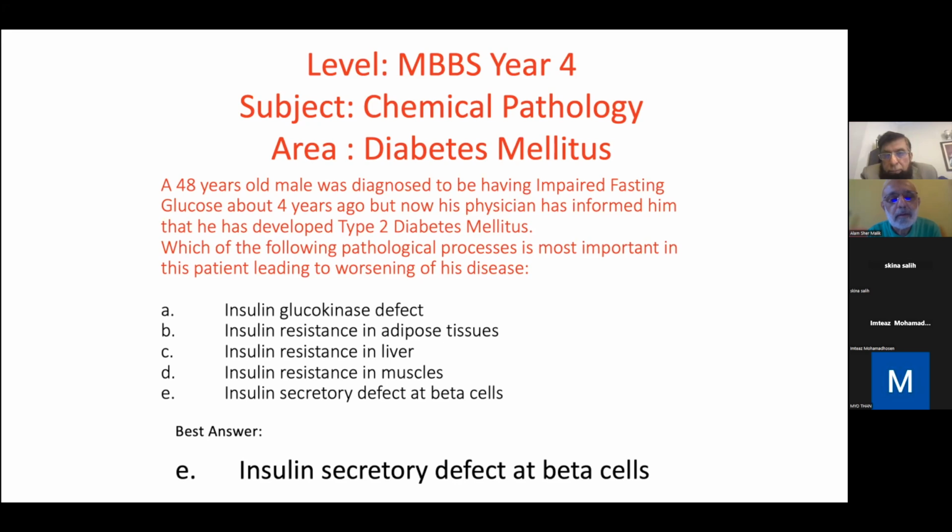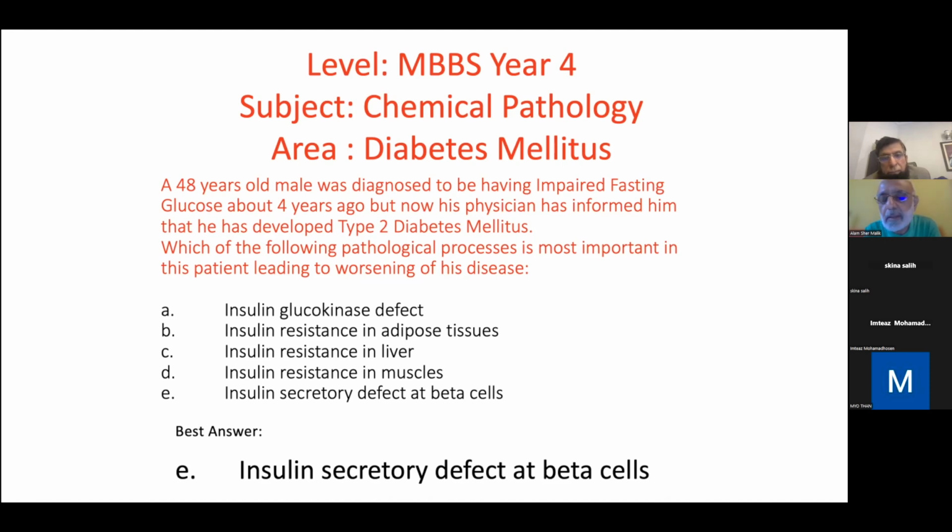Of course the secretory defect is based on studies of beta cells. But for resistance also, there's nothing telling us that the patient did not gain weight or things that worsen his insulin resistance over time. So maybe we can add that in the scenario. Yes, it's a good point. Okay, good. So we got some very good feedback on this question.